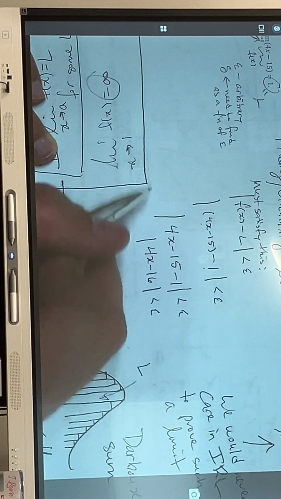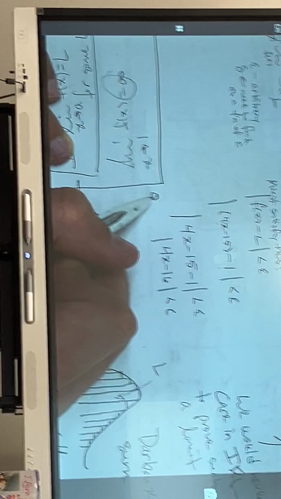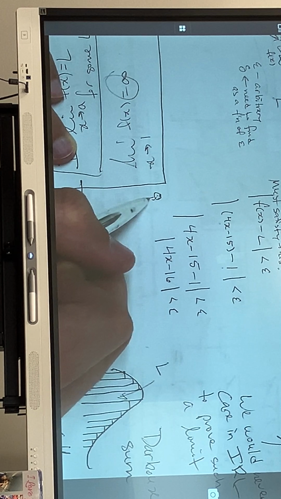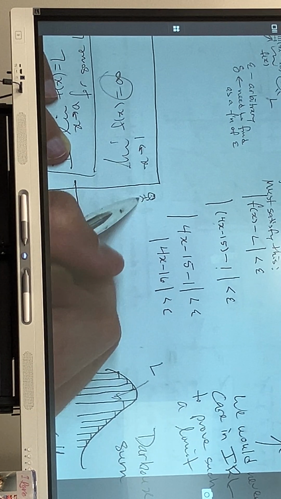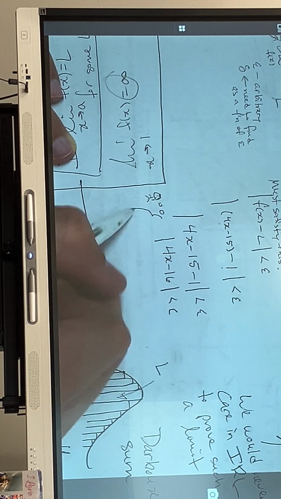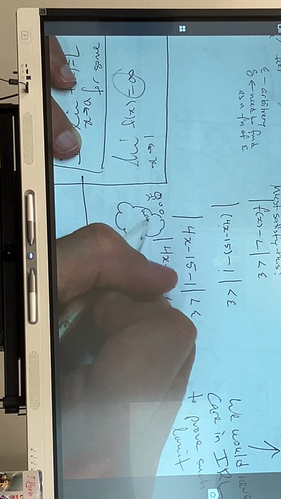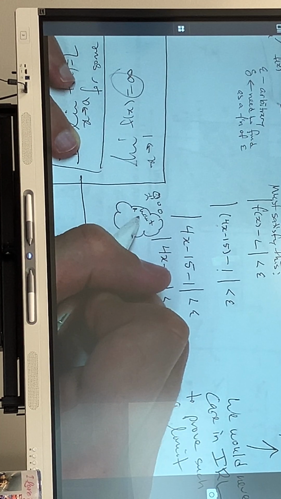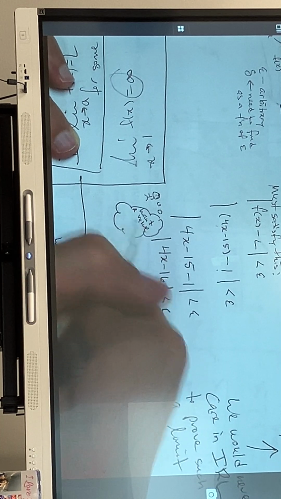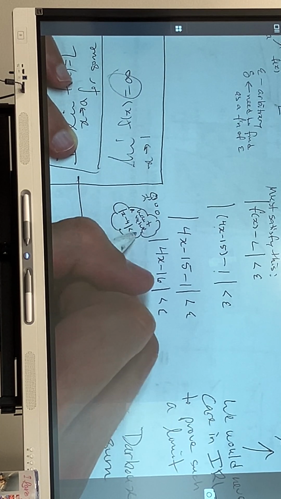And keeping in mind right here, here's a thinking person who's looking at this problem and they're thinking, we want a value to put here, the difference between x and 4.